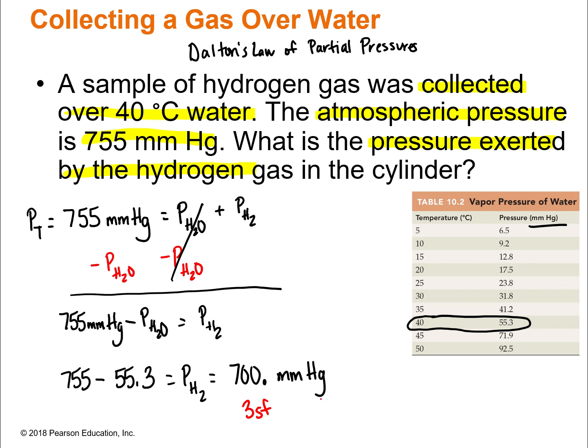The other way to do that would be to simply write scientific notation. So that's another Dalton's law of partial pressures question, wrapped up with the concept of collecting gas over water. Questions? Or are we good to keep going?